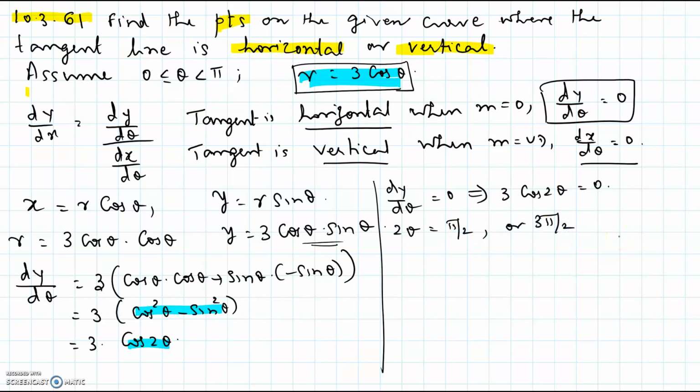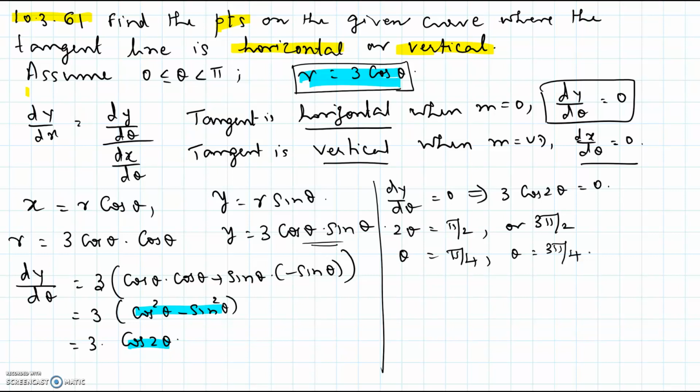We cannot go further because of the restriction that theta is less than pi, so we have only 2 values. If you divide by 2, you get theta equal to either pi by 4 or 3 pi by 4.